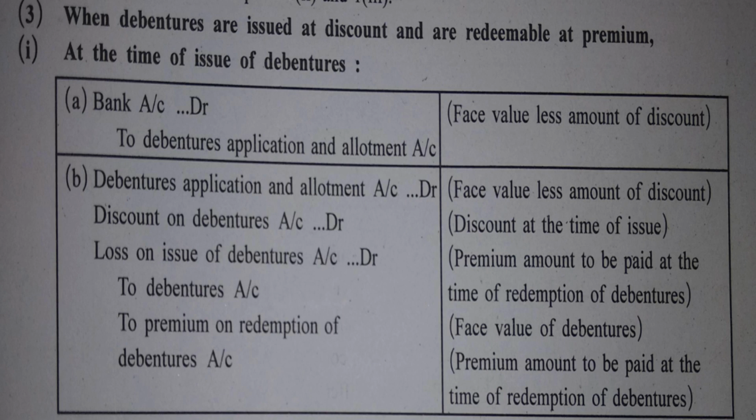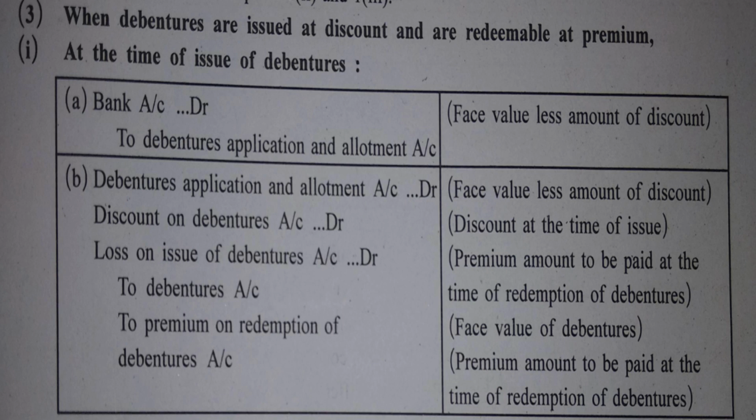So, first journal entry, bank account debit to debentures application and allotment account. Which value? Face value less discount. If the debenture has been issued at face value, you consider face value. If it is issued at discount, you consider face value less discount. If it is issued at premium, you consider face value plus premium. So which case is this?